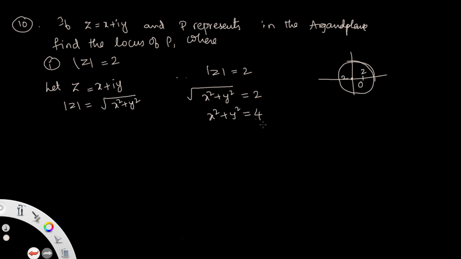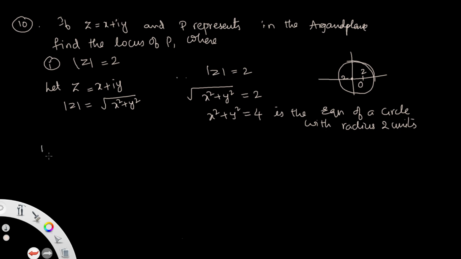This is the locus: the distance from the origin is 2 units, so it forms a circle. You have to write that the locus is the equation of a circle with center at the origin and radius equal to 2 units, because x square plus y square equals 2 square, which is 4, so the radius is 2 units.